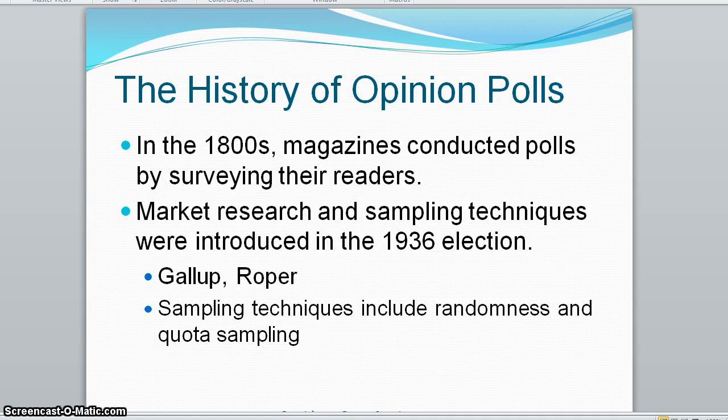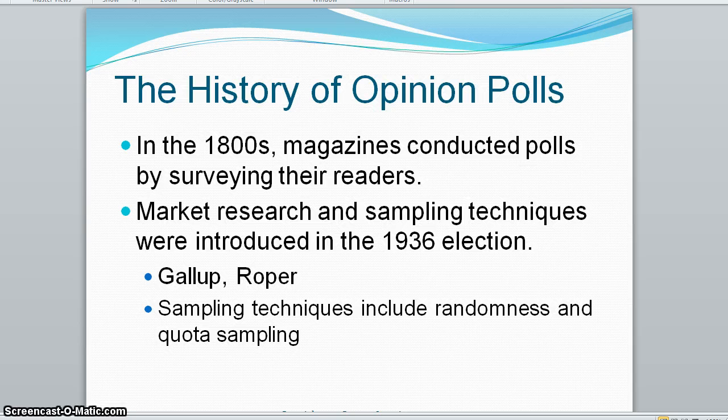To get accurate results, the sampling or poll taking conducted must be representative and based on randomness. Trying to interview every single eligible person in a population is impractical. Random sampling gives every person an equal chance of being selected, so those actually interviewed will represent the larger population.